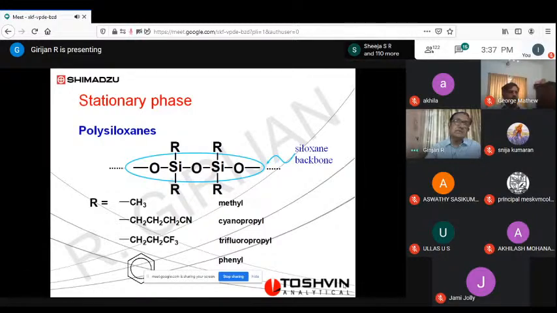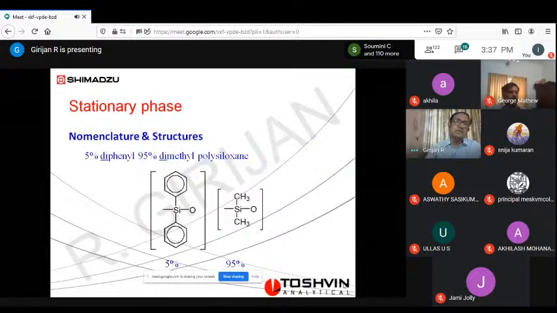It's a phenyl modified methyl silicon column. So depending upon what attachment you put on the backbone of the silica, you can get different types of columns having different degrees of polarity. Some may be highly non-polar, some may be highly polar, some may be medium polar. Hundreds of columns are available in the case of gas chromatography.